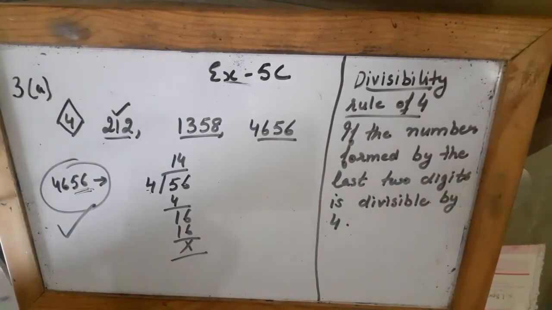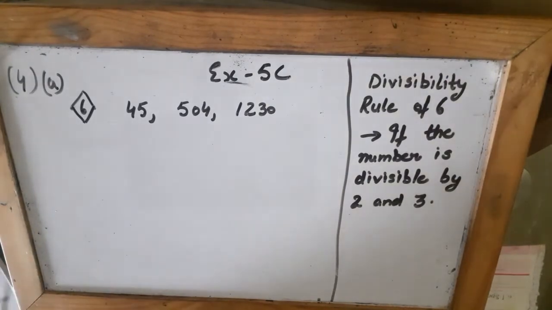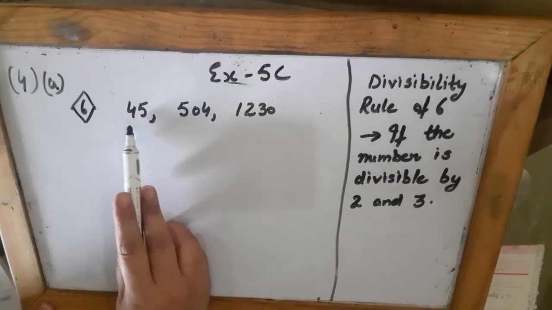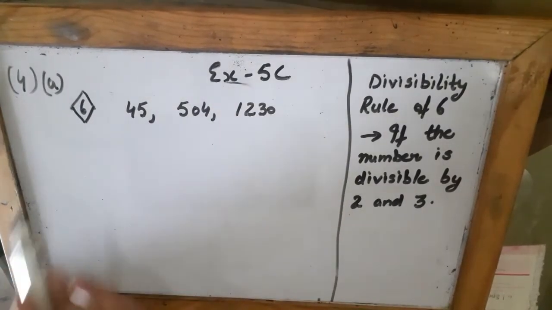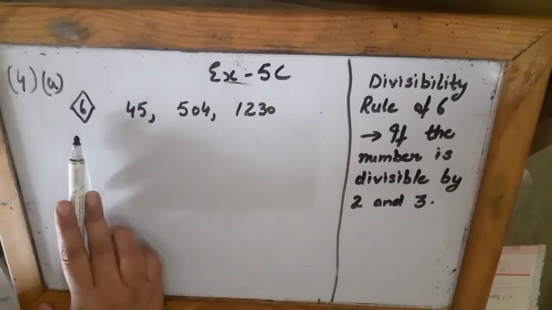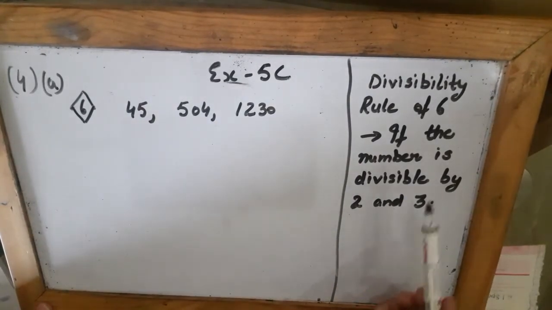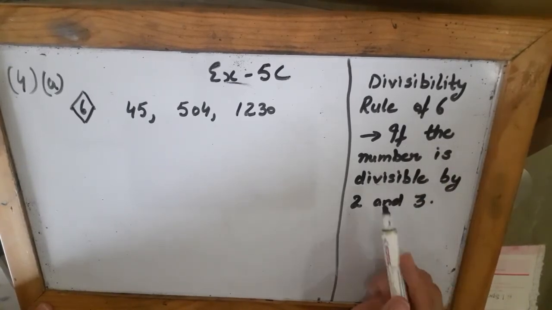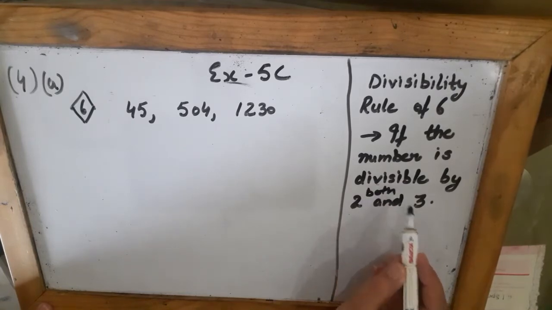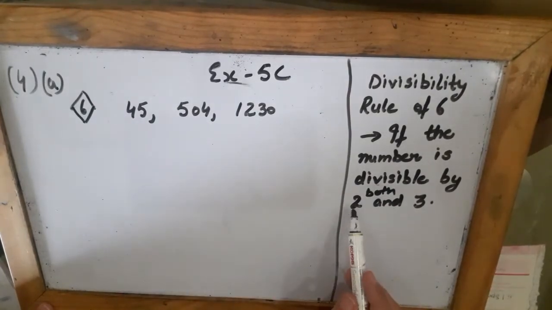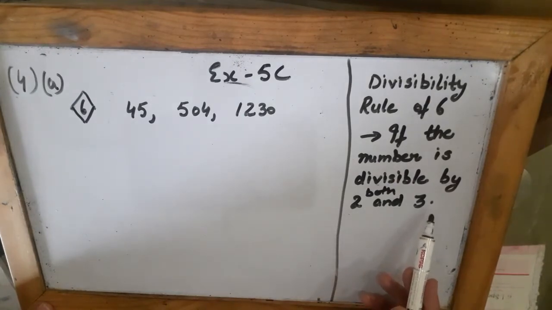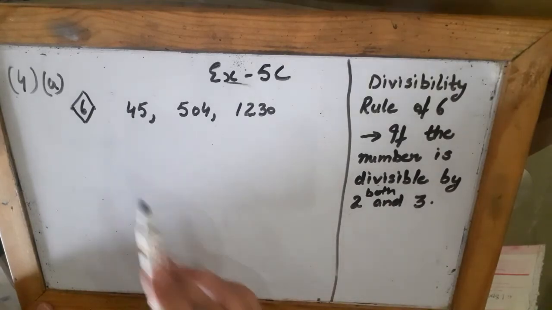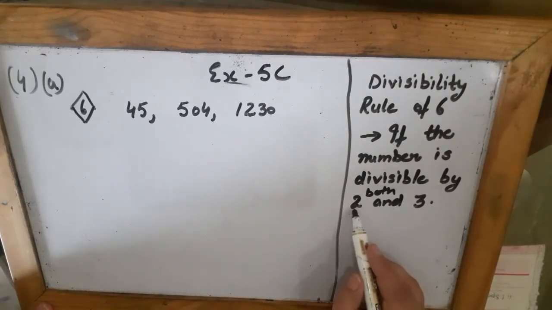Now the question number 4a part, in the first number is given 6 and I have to find out whether all these numbers are divisible by 6 or not. Now what is the divisibility rule of 6? The divisibility rule of 6 says if the number is divisible by both 2 and 3, then only it will be divisible by 6 also, like 2 and 3.